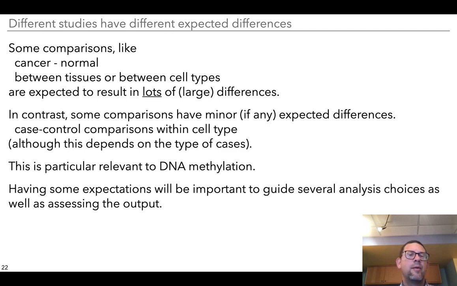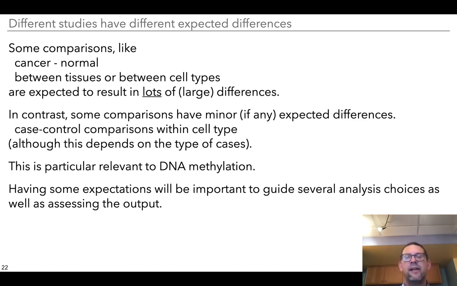In contrast, some comparisons with DNA methylation have minor expected differences. Here I'm typically thinking about case-control comparisons within a cell type, although it depends on things like whether the cell type you're profiling is relevant to the exposure you may be studying or the intervention, and whether the exposure or intervention results in some clear differences at the cellular level.